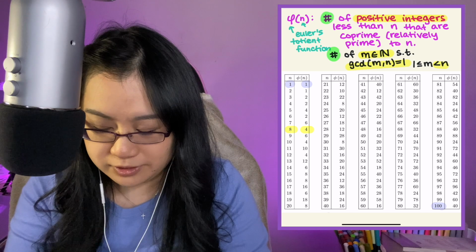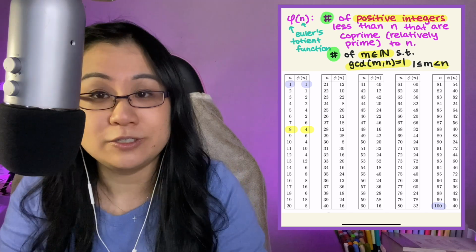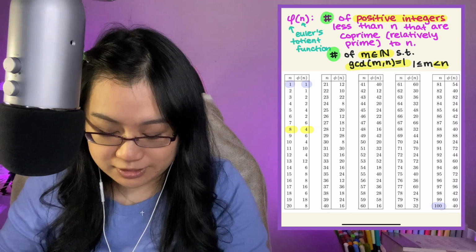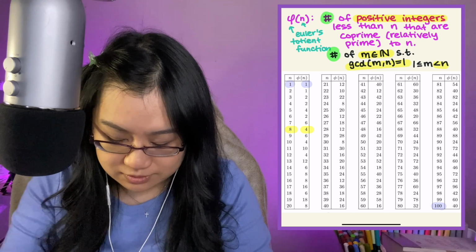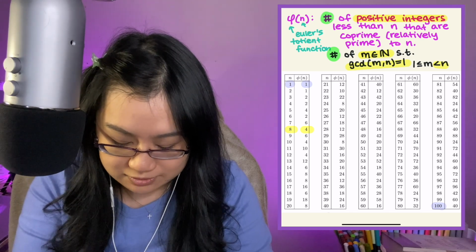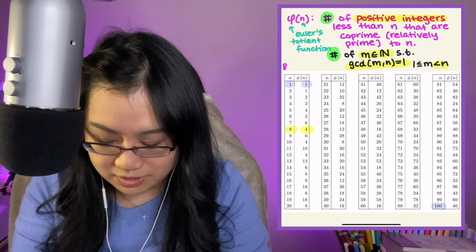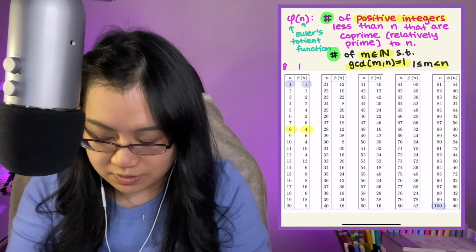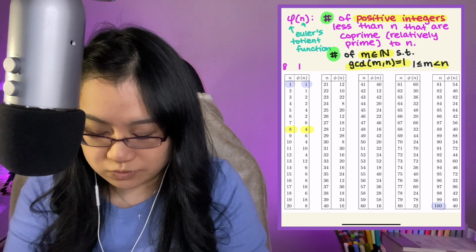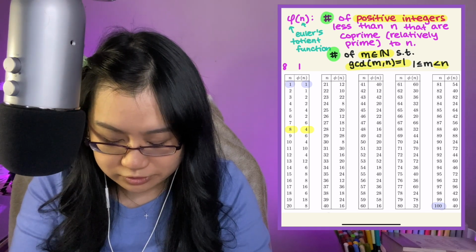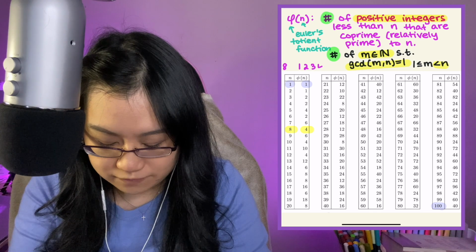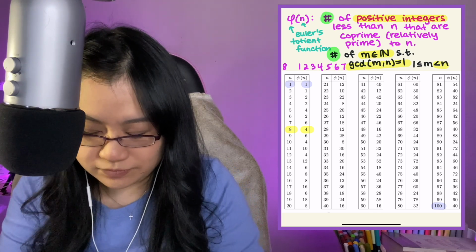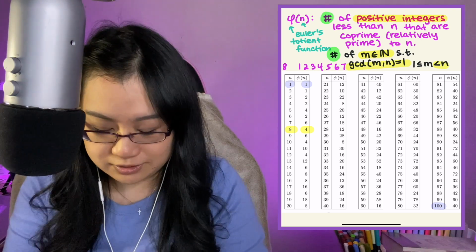So if we were to do this all out by hand, we basically write out 8. We're comparing everything to n, and we take all the numbers starting with 1, and then whole numbers, positive integers. So 1, 2, 3, 4, 5, 6, and 7, and then we just go less than n.